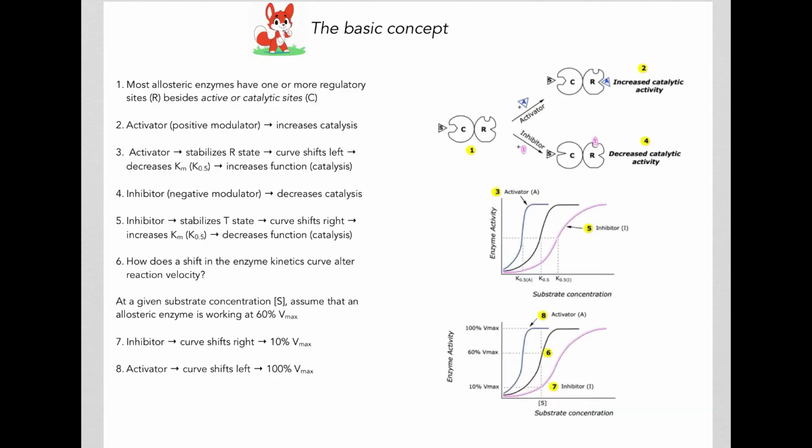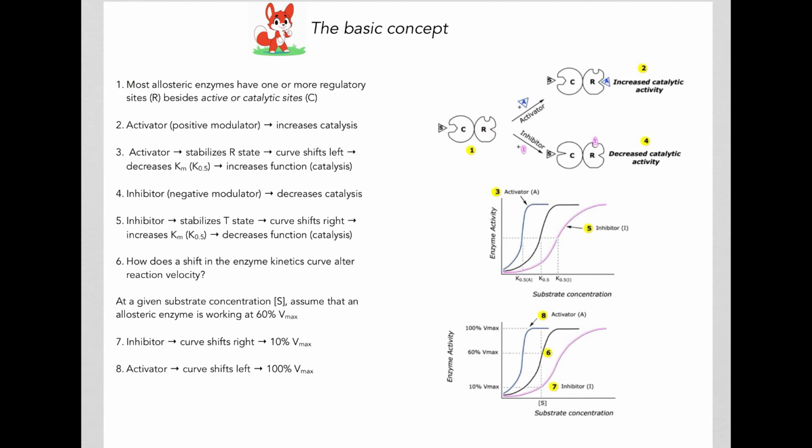So here's the big picture with regards to the allosteric regulation of an enzyme. Number one, as mentioned earlier, most allosteric enzymes have one or more regulatory or allosteric sites besides the active sites. So here R represents the allosteric site, the regulatory site, and C represents the catalytic site, which will be your active site, where the substrate binds.